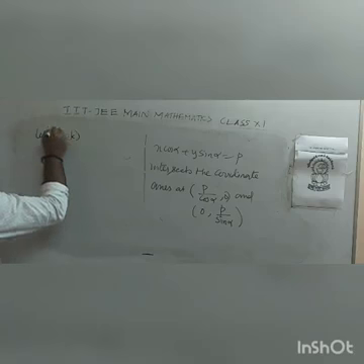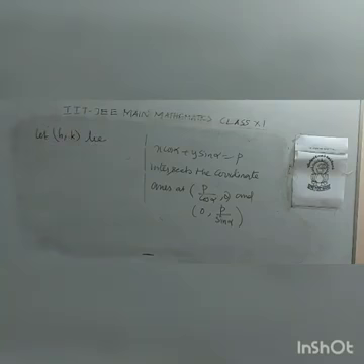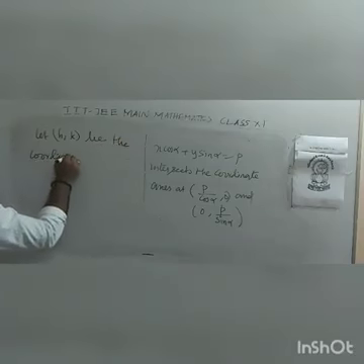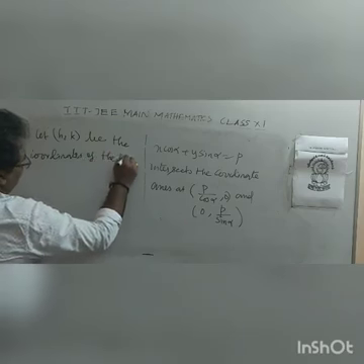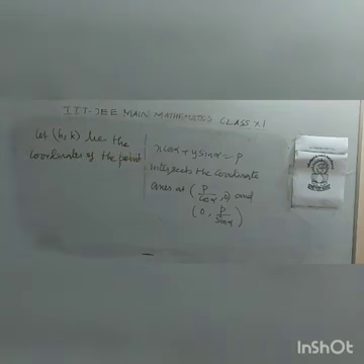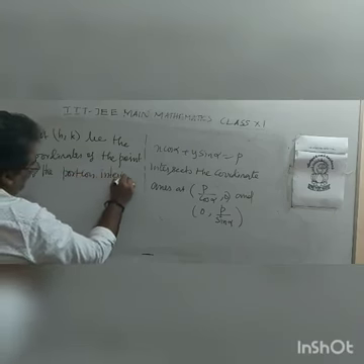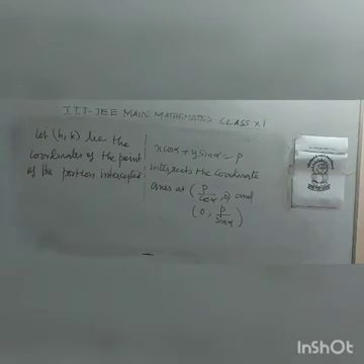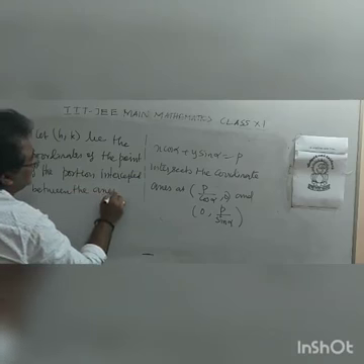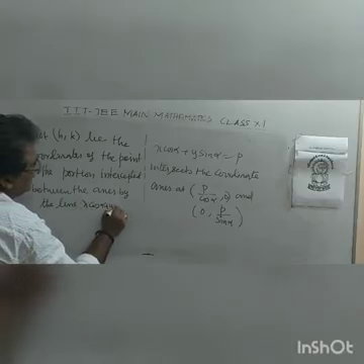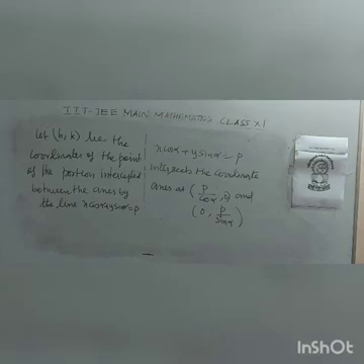Let h comma k be the coordinates of the midpoint of the portion intercepted between the axes by the line x cos alpha plus y sin alpha equal to p.